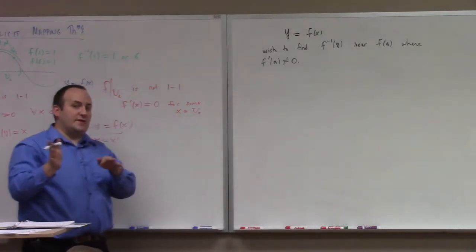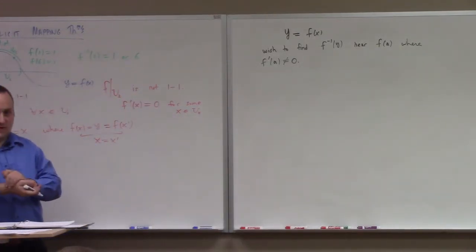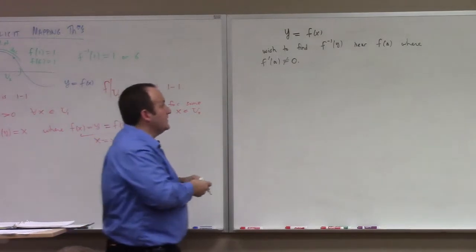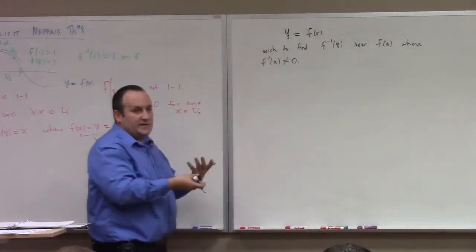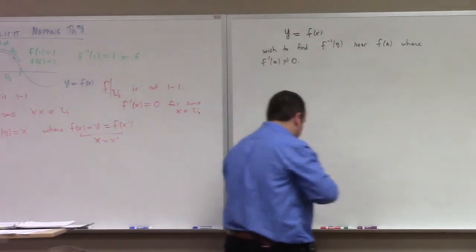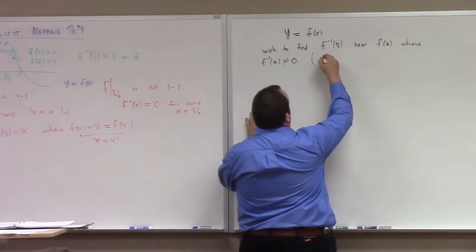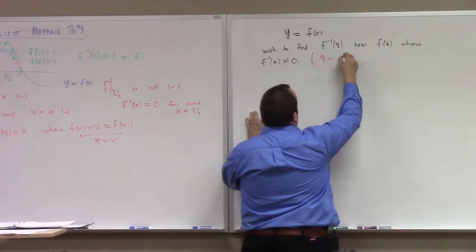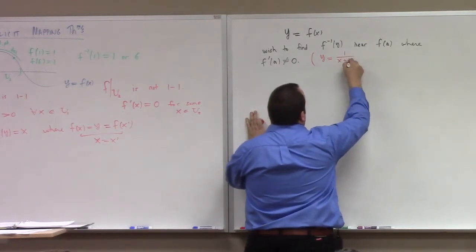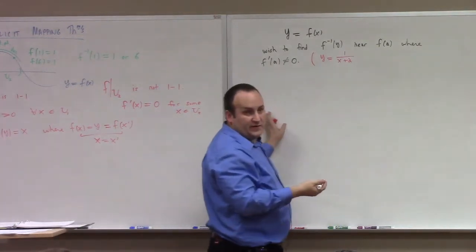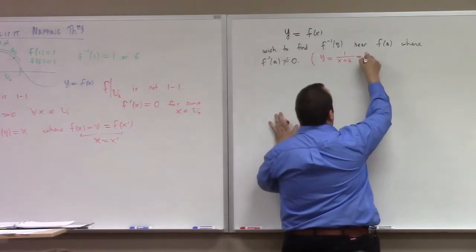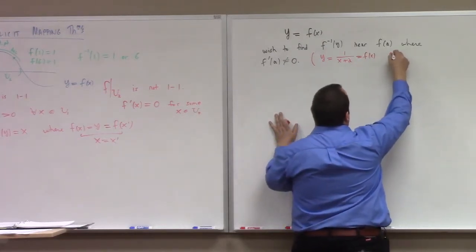Again, I'm still thinking about a differentiable function just to get us started, because this is a good place to start. How do you actually find the formula for an inverse function? So here's a toy example, right? If I have y is equal to 1 over x plus 2. Suppose I want to find the inverse function. Suppose this is f of x, right? So what's f inverse of y equal to?